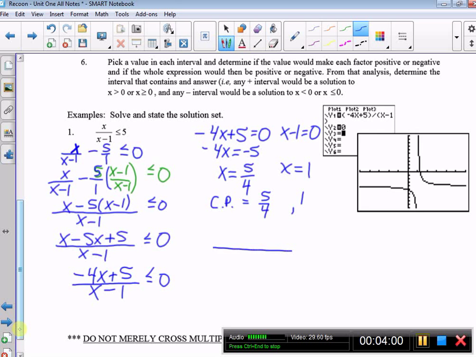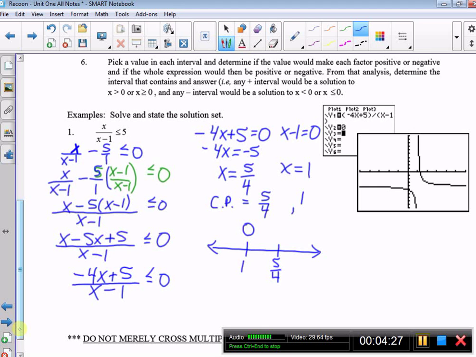So what I'm going to do is place those on a number line. If you let x be 1, then you replace x with 1, you'd get 1 minus 1 is 0. That's undefined. Okay, so we have to put an open circle at 1.